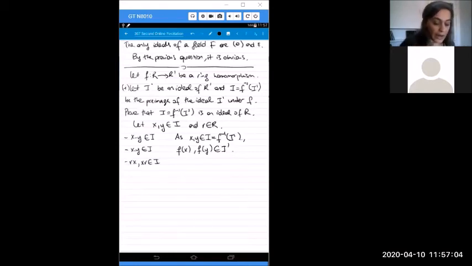So our aim is to show that x minus y, x times y, r times x, x times r lies in I. For this one, we are going to make use of the properties of the homomorphism. So instead of x minus y, we are going to look at f of x minus f of y, and this is nothing but f of x minus y. This is because f is a homomorphism, right? This is what being a homomorphism is.